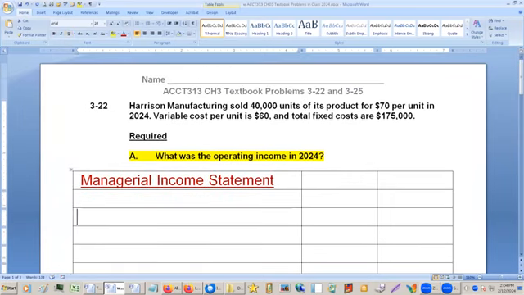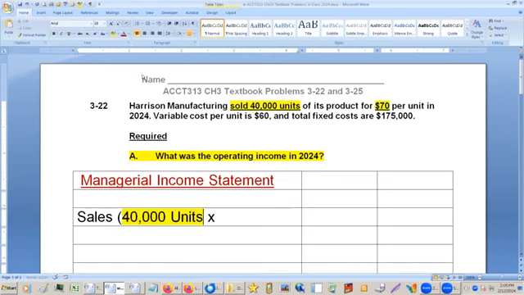Okay, so we're going to start out with our sales or our revenue. We'll call it sales in this one. Okay, so they sold 40,000 units. And we sold them at $70 each. I'm going to color coordinate those.